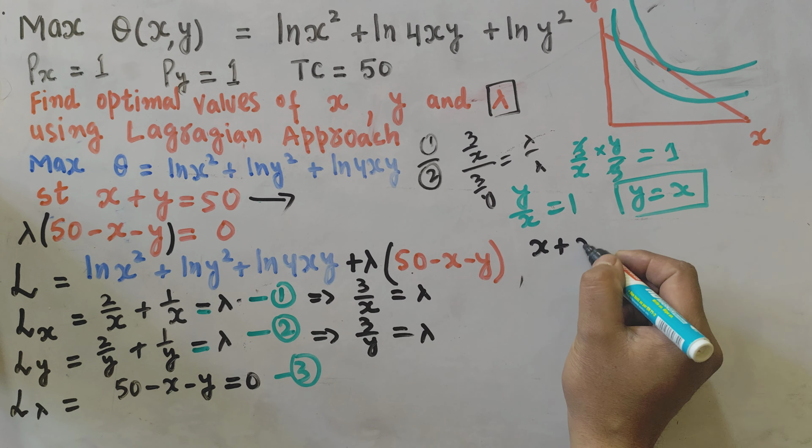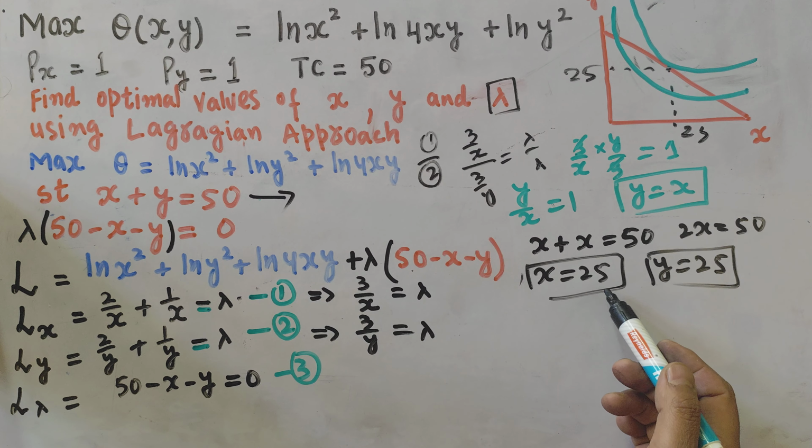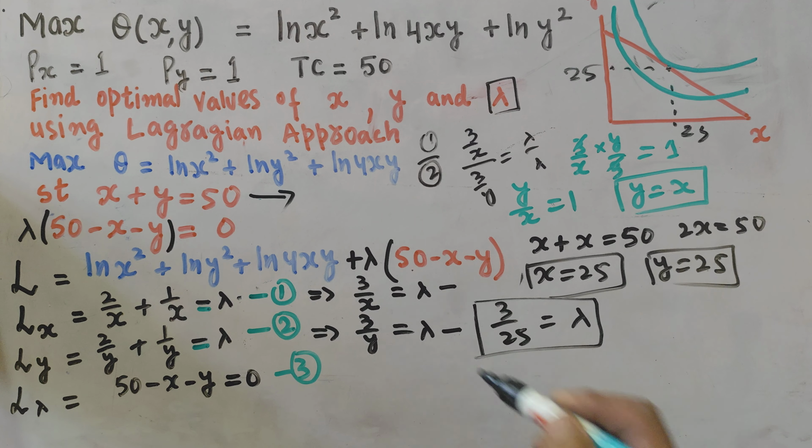Having said that, nevertheless, what is the value of lambda? Now plug the value of x is equal to 25, y is equal to 25 in either of the first two equations, either here or here. Okay, so let us plug the value of x is equal to 25 here. So we will get 3 upon 25 is equal to lambda. So the value of lambda is equal to 3 upon 25.